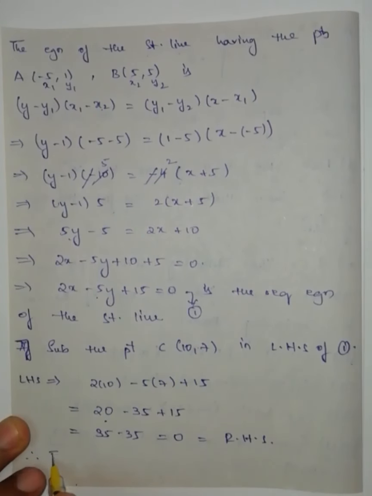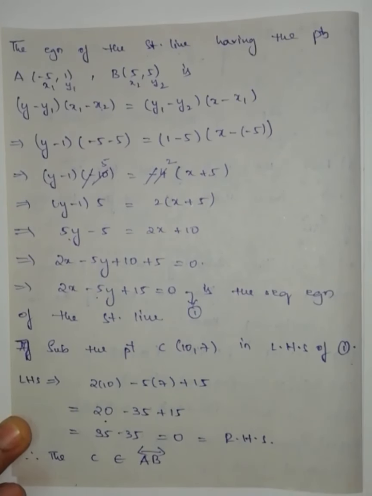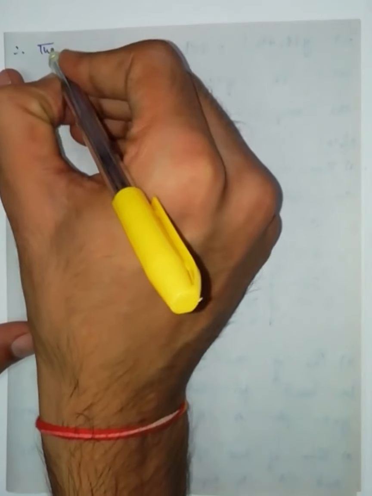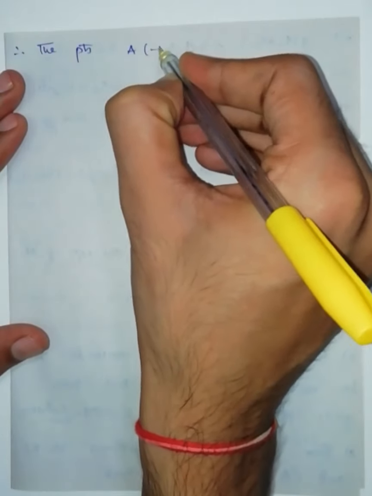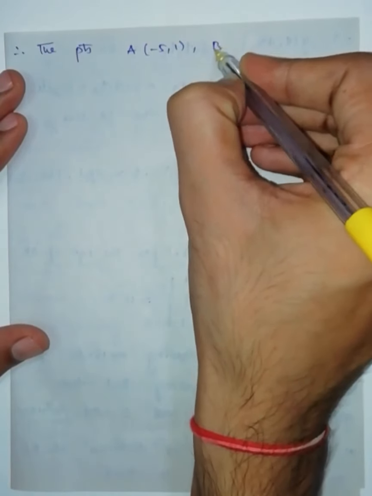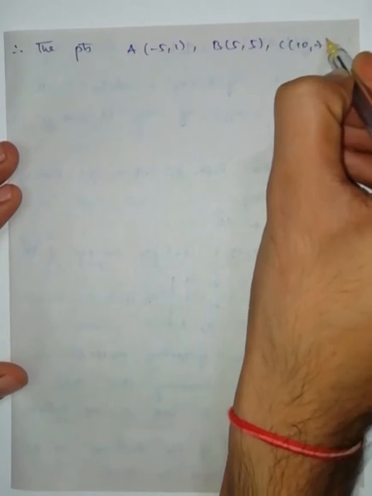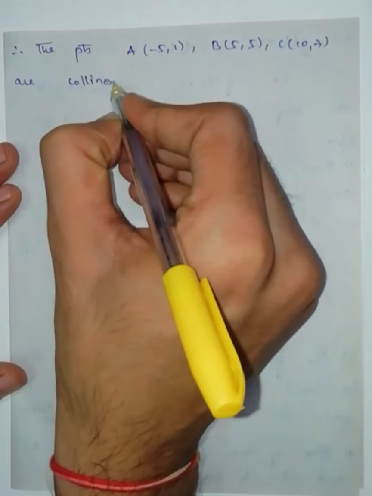Therefore, the point C belongs to the line AB. So directly I can say that the points A(-5, 1), B(5, 5), C(10, 7) are collinear.